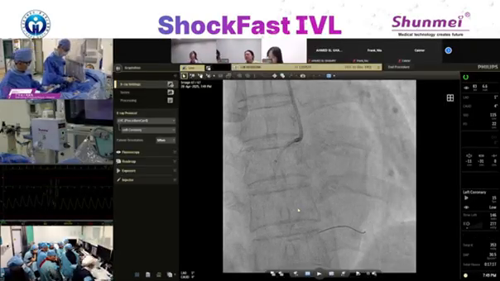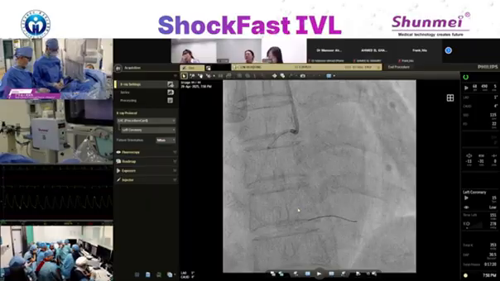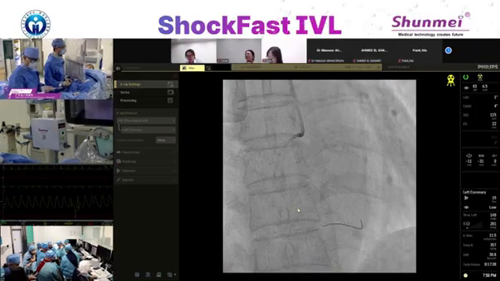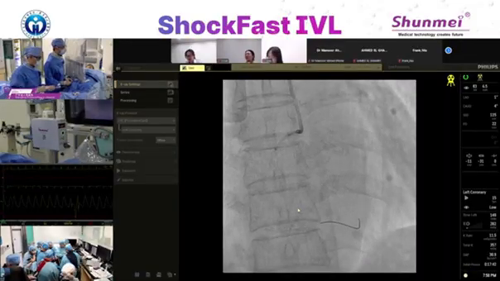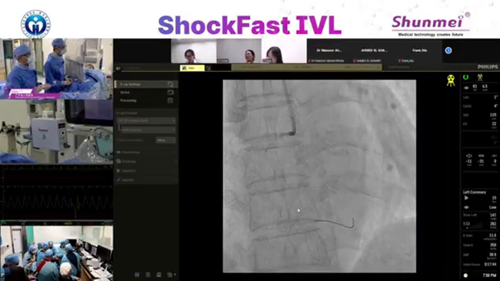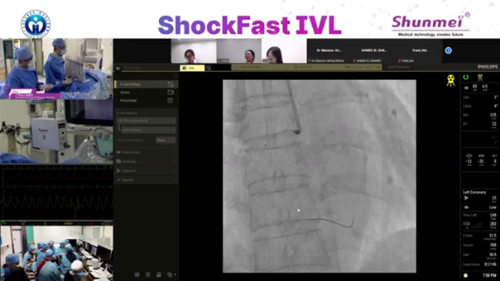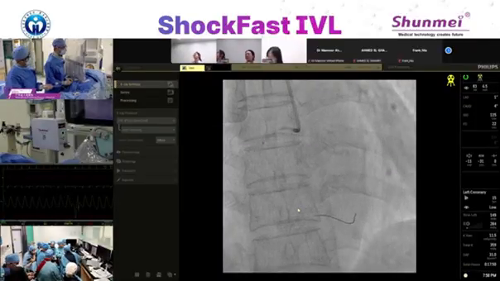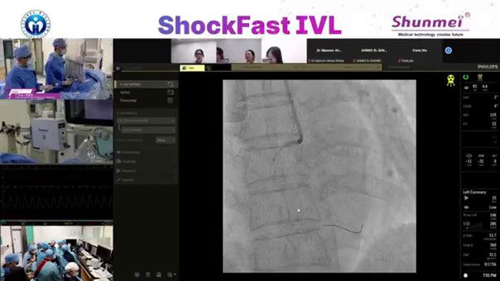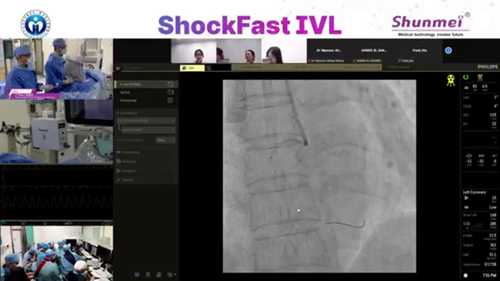Okay. I'm concerned about how to deliver the stent. Come on. This is a brand new 2.5 NC balloon. Bit by bit. Can we go? Oh.